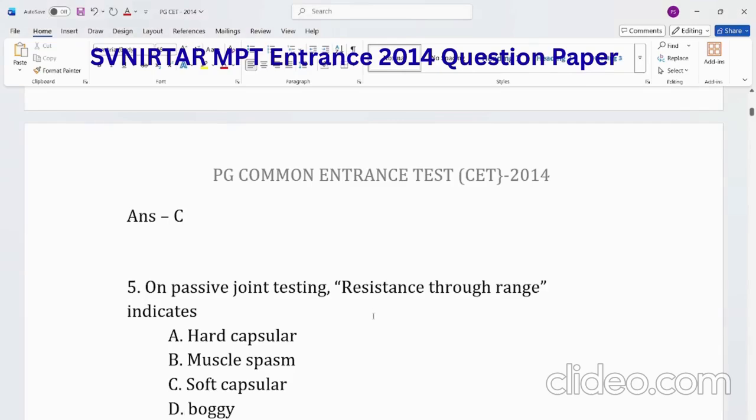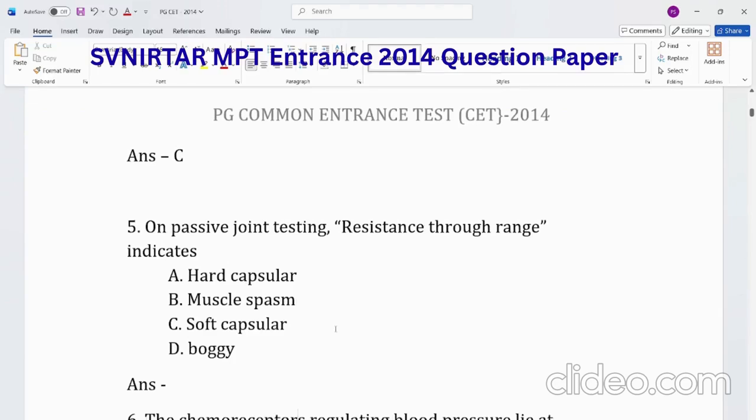The question is, on passive joint testing, resistance throughout range indicates what? Options are option A, hard capsular; option B, muscle spasm; option C, soft capsular; option D, boggy. The answer will be muscle spasm. As you know, muscle spasm end feel means there is resistance throughout the range of motion, right?